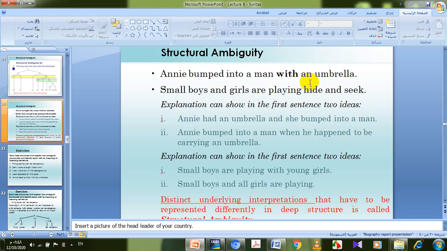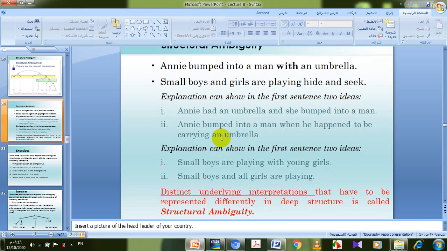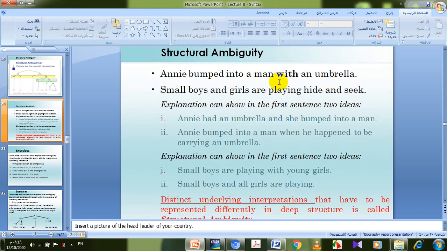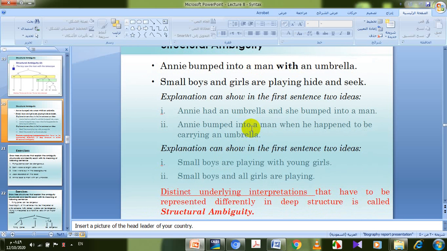A man with an umbrella who was carrying. With a man, in Arabic, means ذو أو ذاته اللي كان معه. The man with an umbrella, الرجل اللي كان معه an umbrella. So it has two different meanings, and that's why interpretation here makes things clearer. So we have two different interpretations.